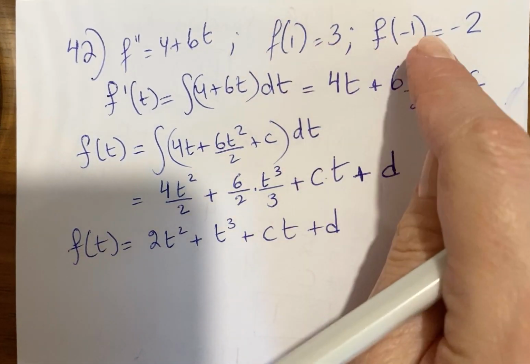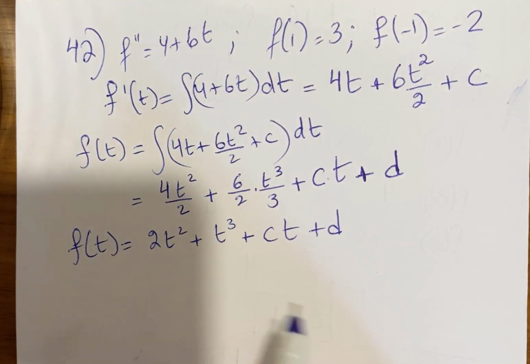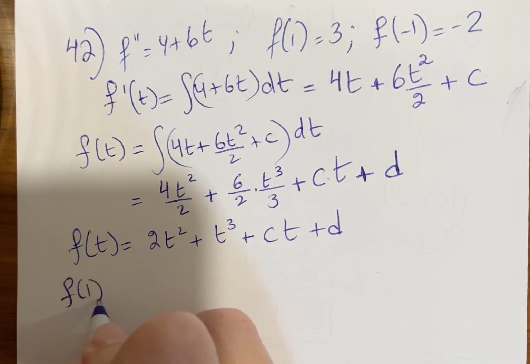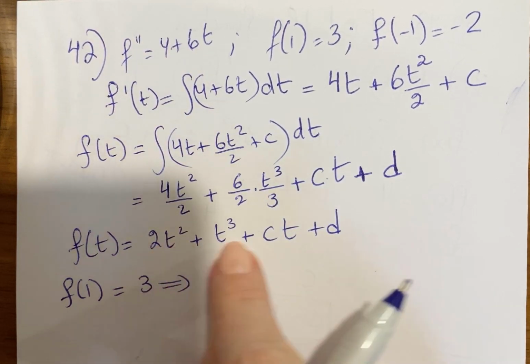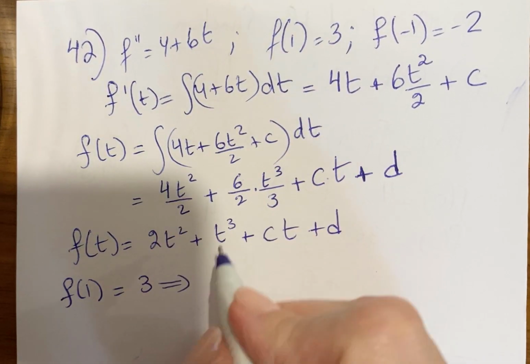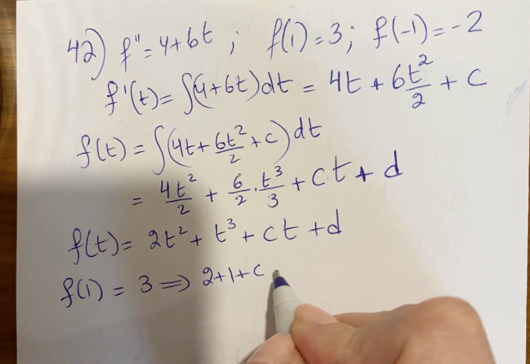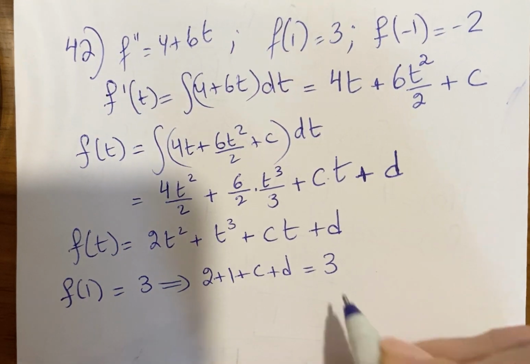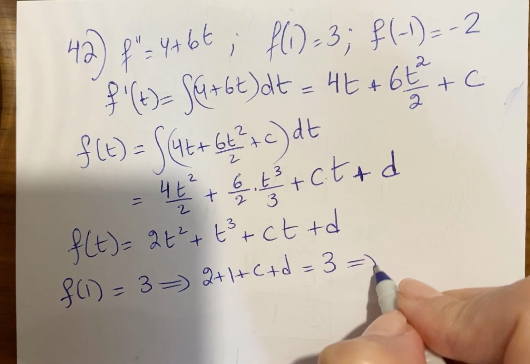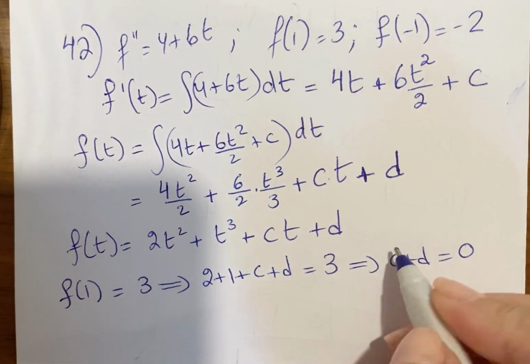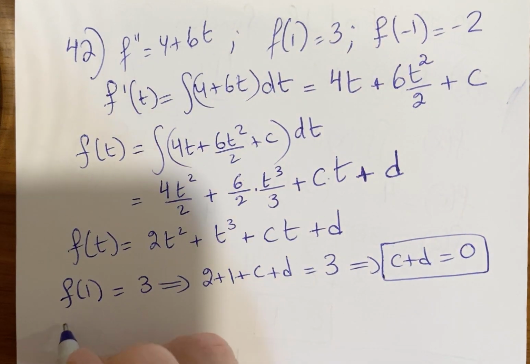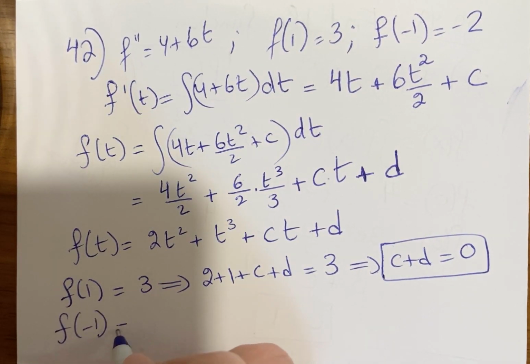That's why, how many conditions did they give us? 2. F at 1 should be equal to 3. This means that when I substitute 1 here, 2 plus 1 plus C plus D, the answer should be 3. This means that C plus D is equal to 3 minus 3, they are equal to 0. The second condition is that F at minus 1 should be minus 2.